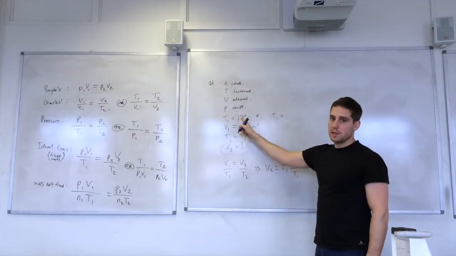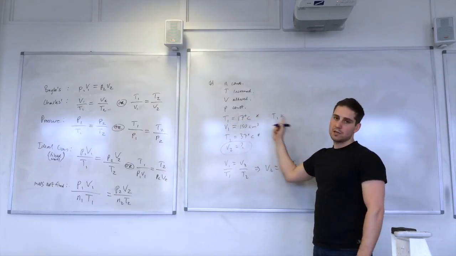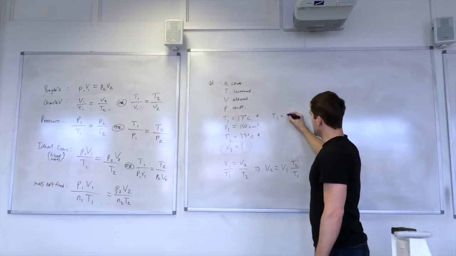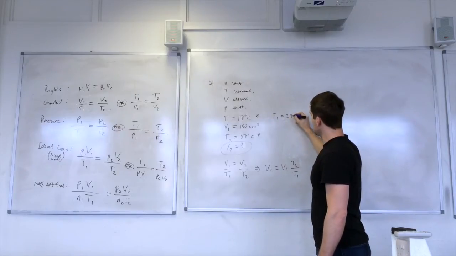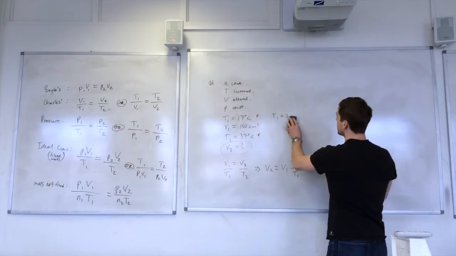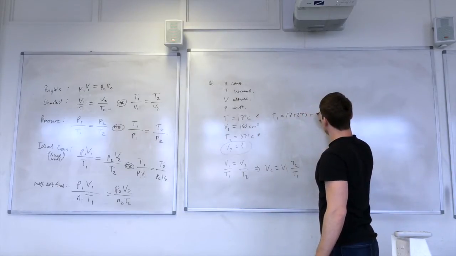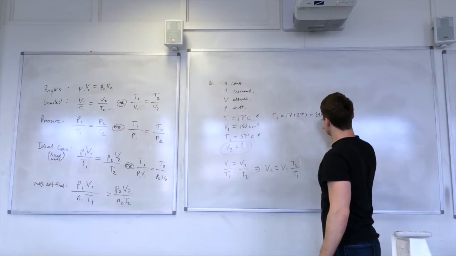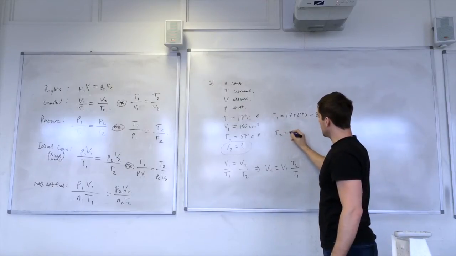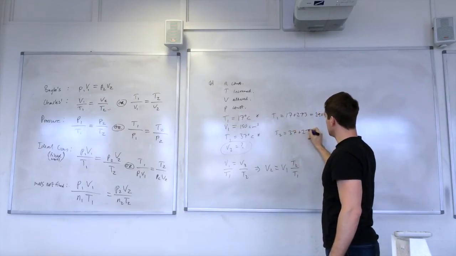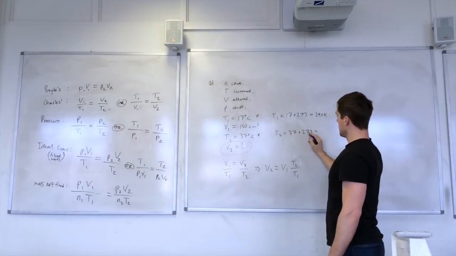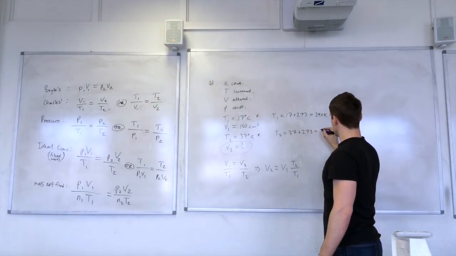To convert from degree C to Kelvin, we need to add 273. So this would be 290. I'll write down the working. T1 is 17 plus 273, 290 Kelvin. T2 is equal to 37 plus 273, which is 310.